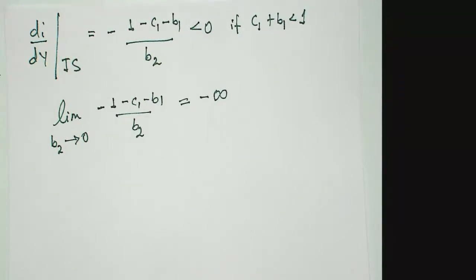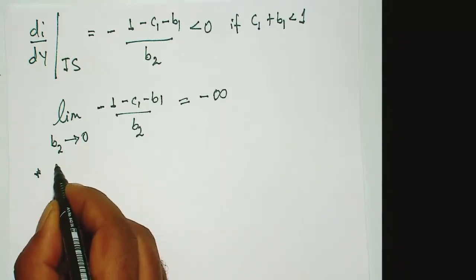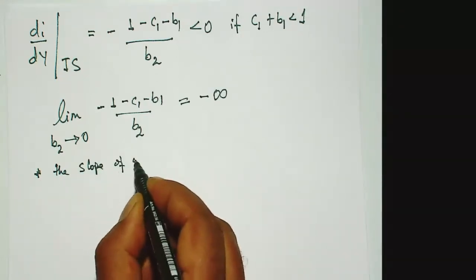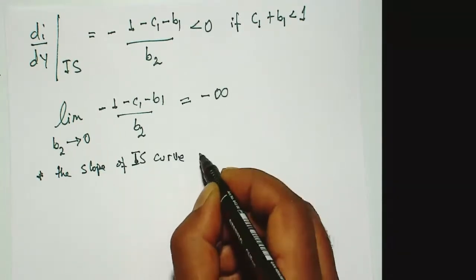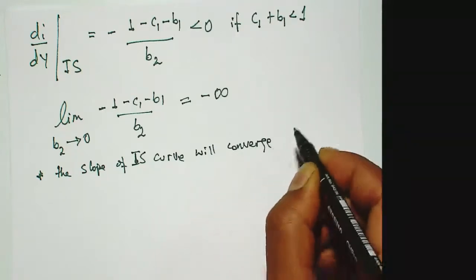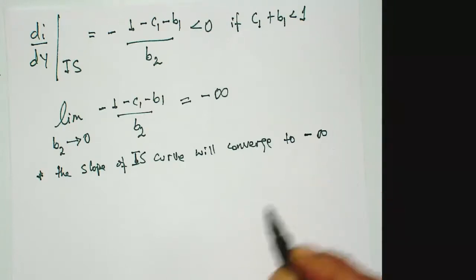So if B2 is converging to 0, as we have just seen, there are two things that are happening immediately. The first thing to note here is the slope of the IS curve will converge to negative infinity, or minus infinity.